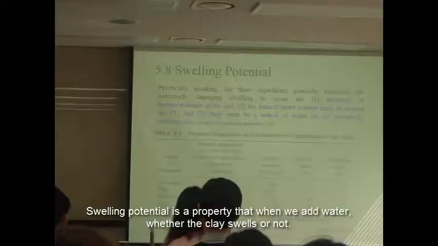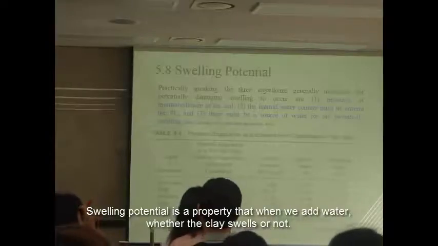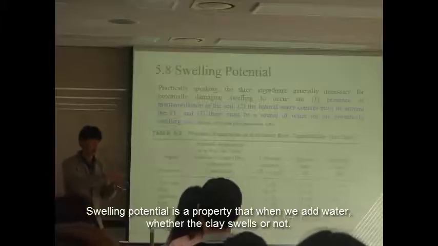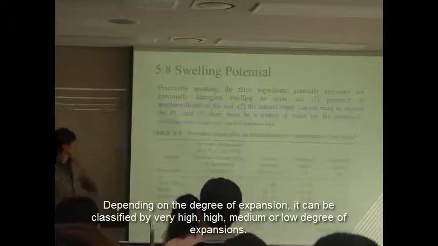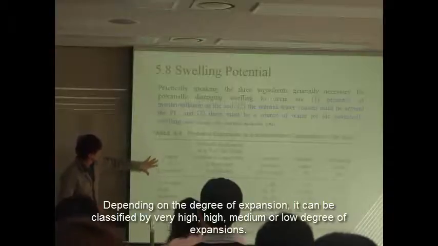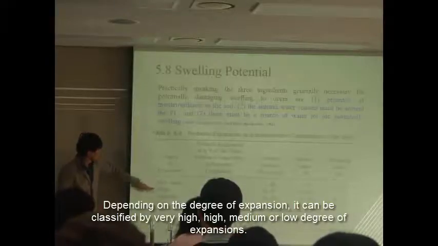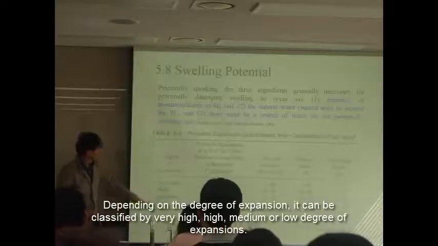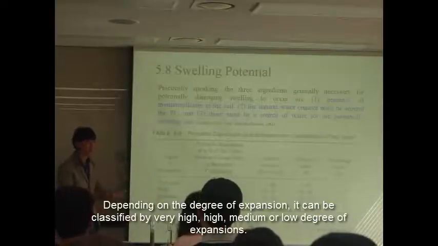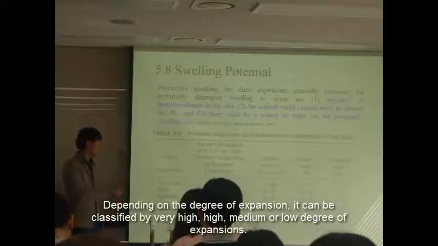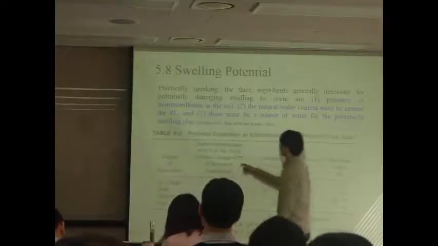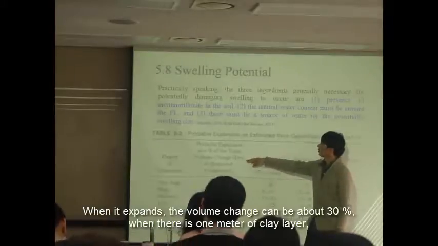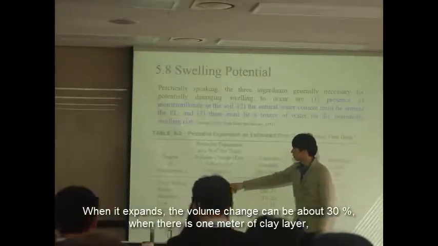Swelling potential. Swelling potential is about when you add water, whether this clay will swell and how much it's going to swell. And depending on the degree of expansion, it can be categorized as very high, high, medium, or low swelling. And when it expands, the volume change can be more than 30%.